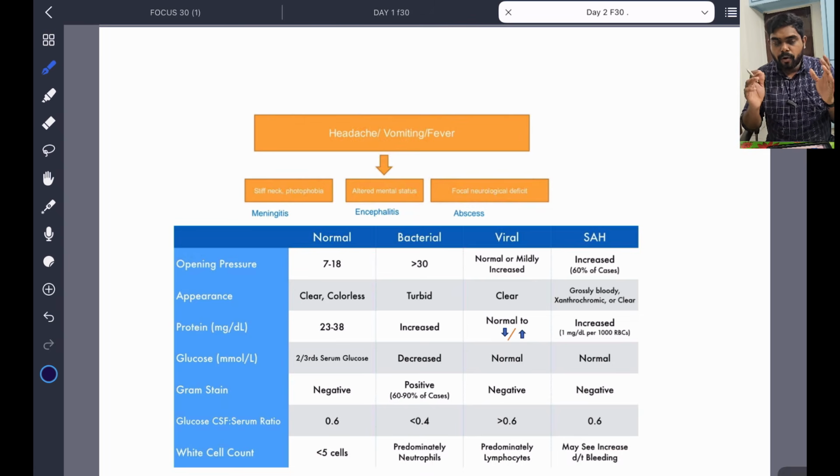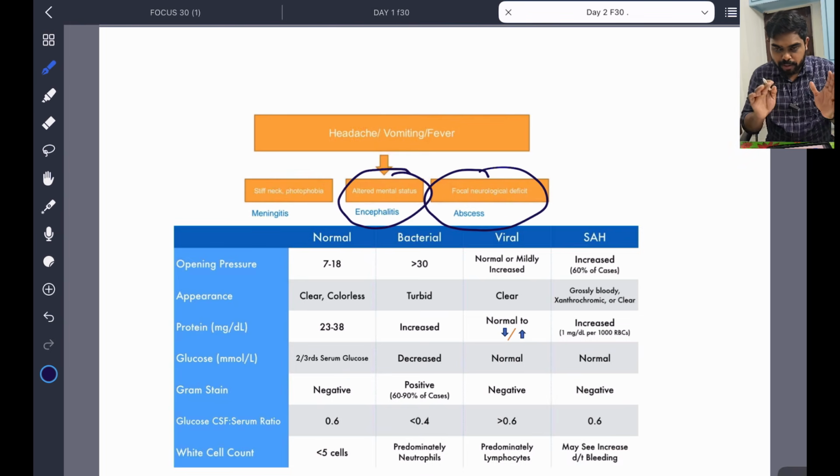So I got a headache, vomiting, and fever, and some projectile vomiting features. After that, when I examined, there was altered mental status, or some focal neurological deficit, and other things like stiff neck and photophobia.